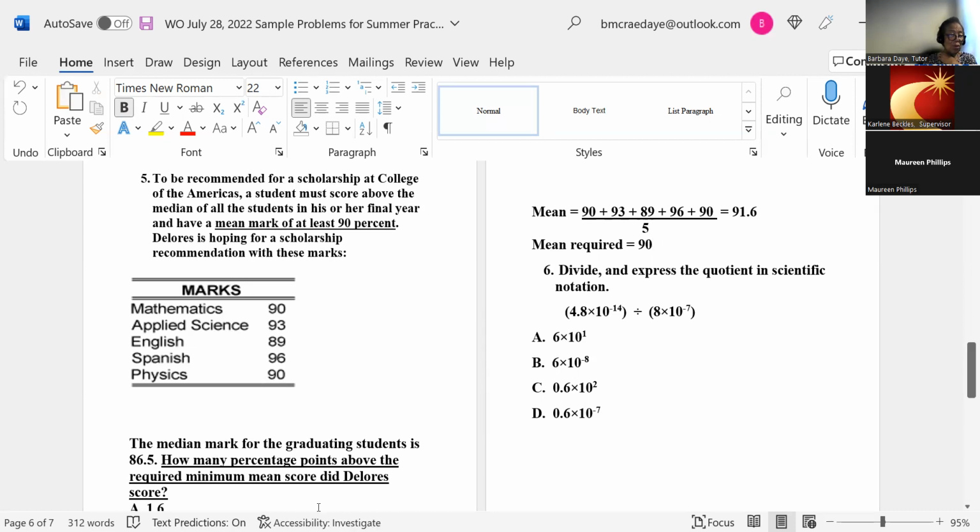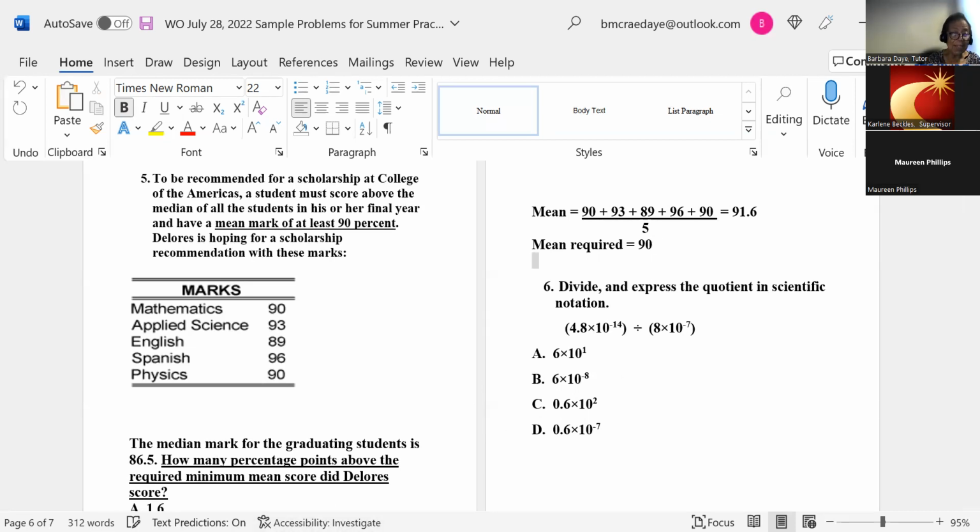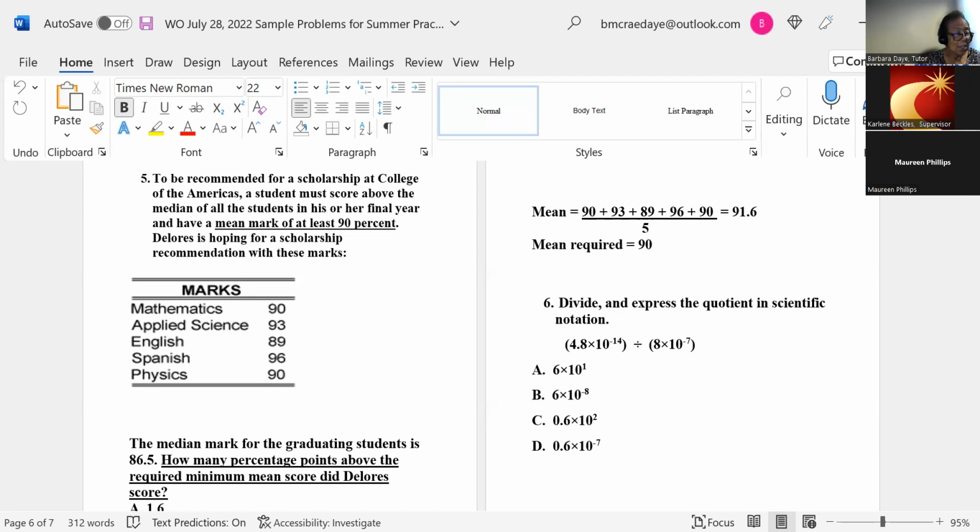So what's the difference? How many points above the 90 did Dolores score? She scored 91.6.